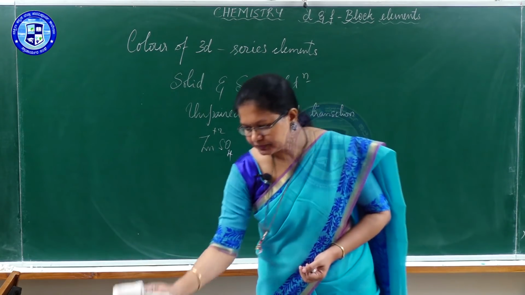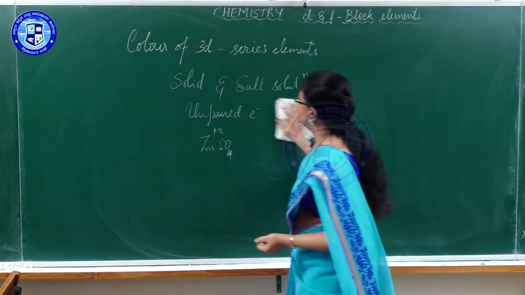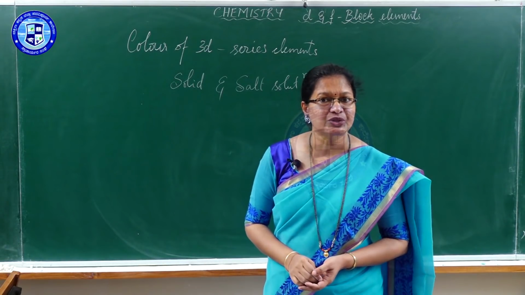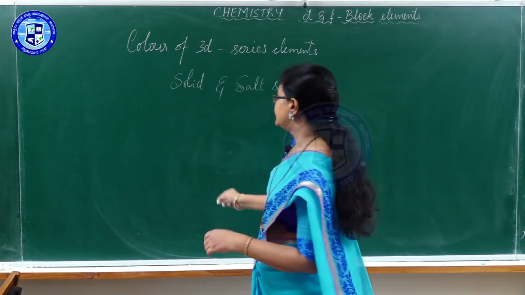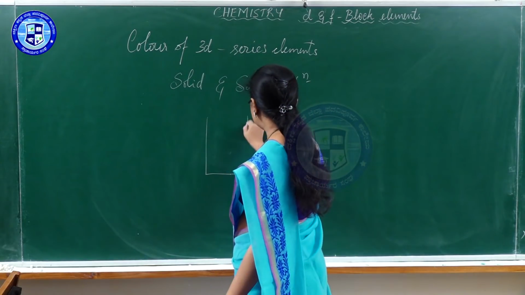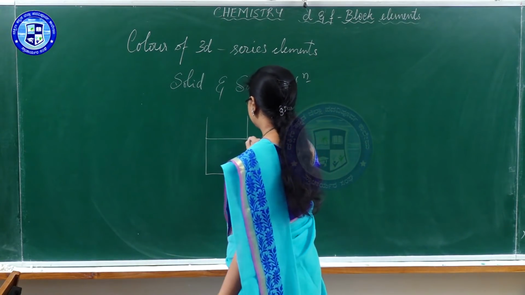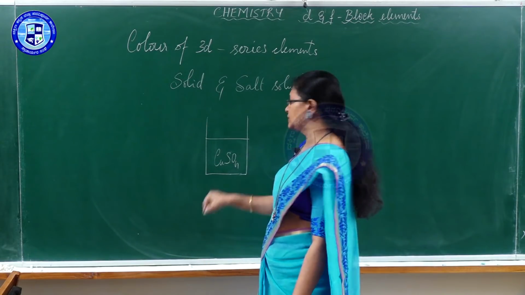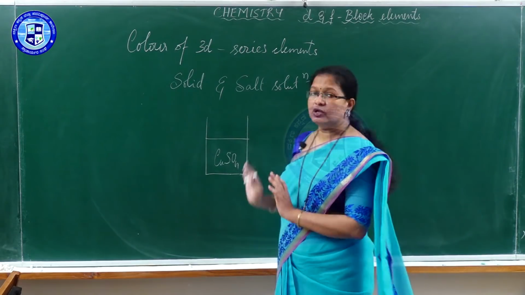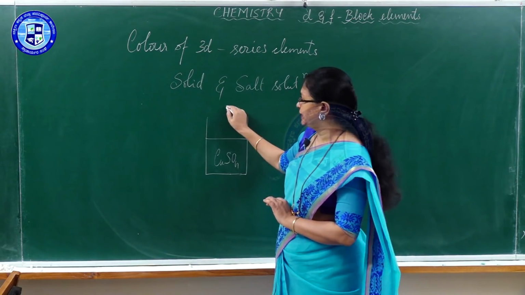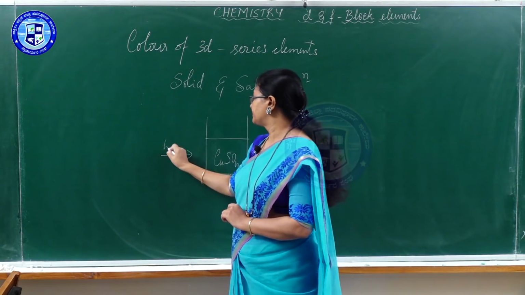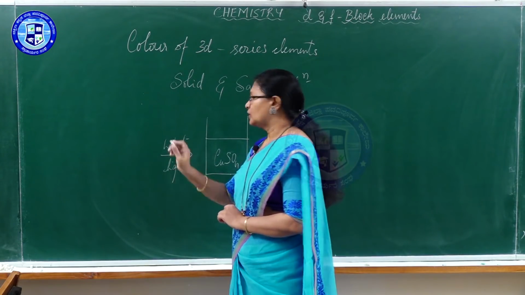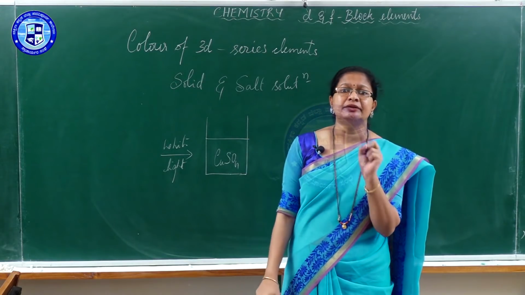Before that, when we take a solution of copper sulfate, what is the color of copper sulfate solution? Yes, exactly, it is blue. When white light falls on this copper sulfate solution, copper sulfate absorbs certain radiation.